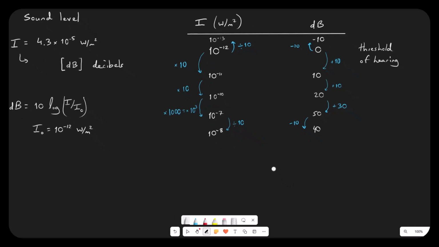Now the in-betweens. Halfway between, let's say 40 and 50. If I want to go up by 5, so I want to go to 45 decibels, then what I'm doing here is multiplying by 10 to the 0.5, which is the square root of 10, which is about 3.